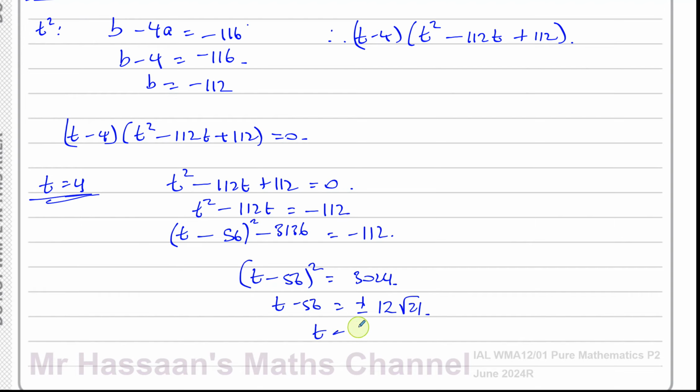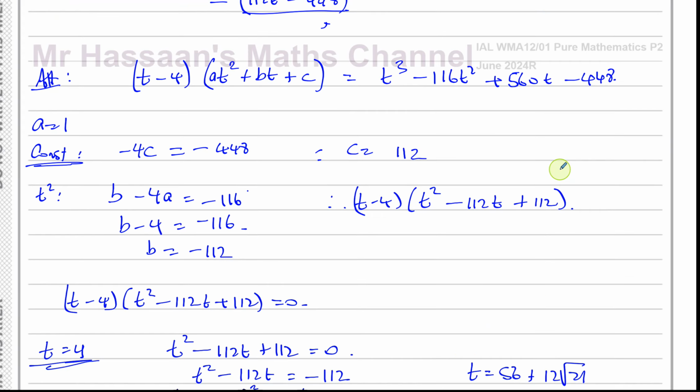So t is equal to 56 plus or minus 12 root 21. So there's two possible values of t. t is 56 plus 12 root 21, or t equals 56 minus 12 root 21.